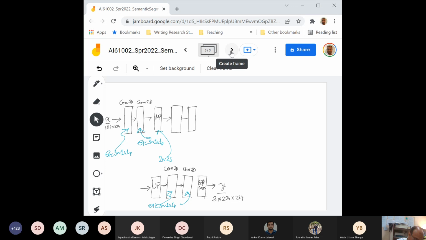Oh no, wait a minute. For this one, it's going to be different in that here your number of channels is going to be the same as the number of classes. Say you have capital omega number of classes. So omega C, 3W, 1S, 1P. If you have a 2-class classification problem, then your capital omega becomes 2.